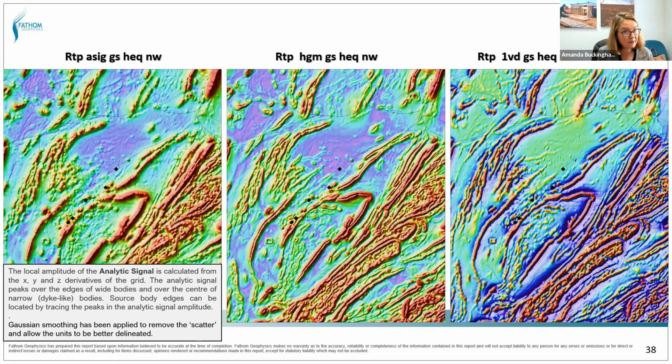So if you have a high in the analytic signal, it's more likely that where that high is the location of the body. So you can compare your analytic signal to your first vertical derivative and just see where there are changes. It's often very powerful for mapping discrete intrusions that may have a remnant part. Or sometimes, if you've got intrusions with multiple phases, some phases are remnant, some are not. Yes, it's quite a powerful tool.